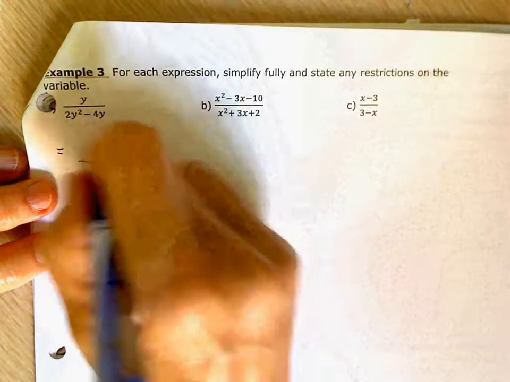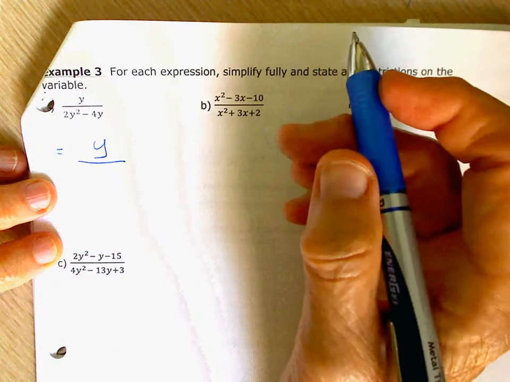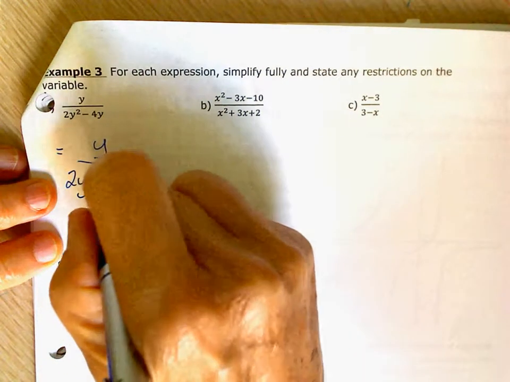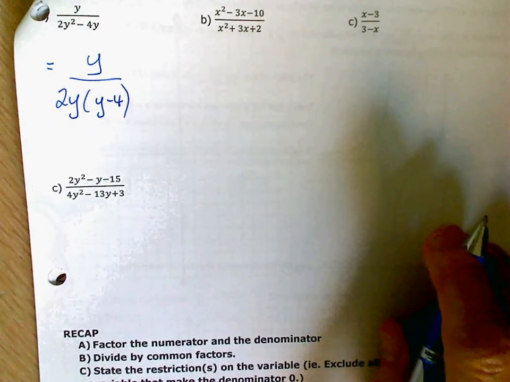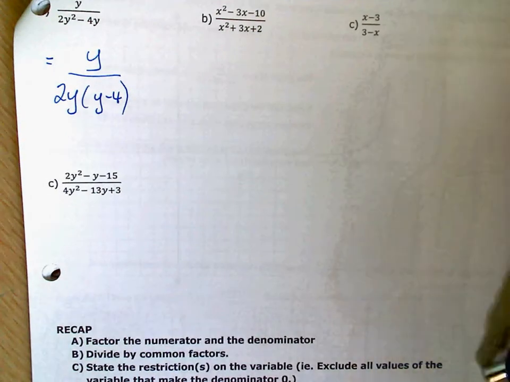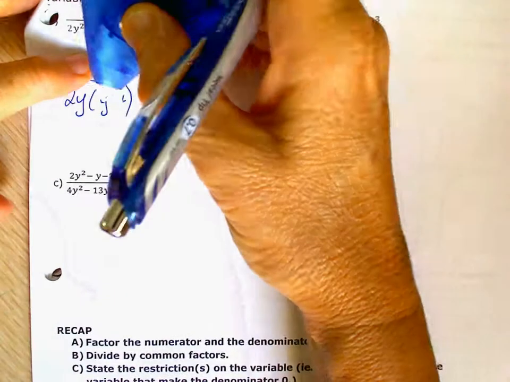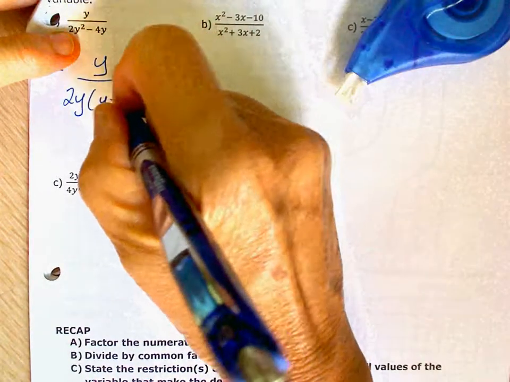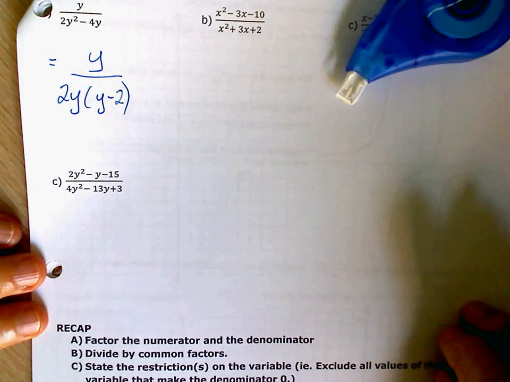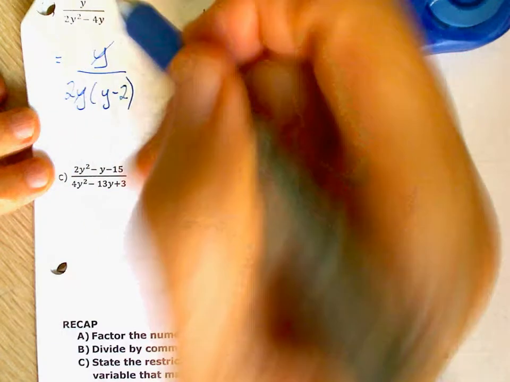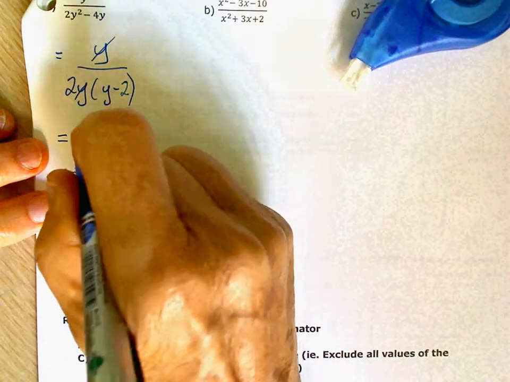What's the greatest common factor? 2y. Okay, so we can divide out the y. Yeah, thank you for helping me out. I really appreciate it. How's that? So we divide this out and we are left with 1 over 2 times y minus 2.